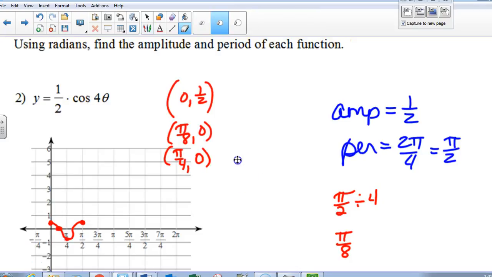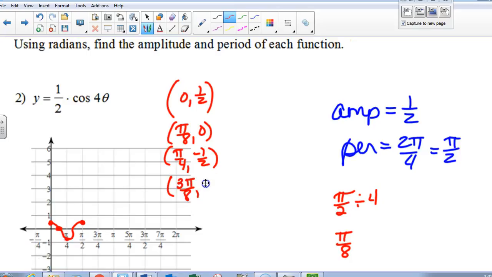It was down at negative 1/2. What's the next ordered pair? Anybody figure that out? We're counting by eighths. 0, 1/8, 2/8, 3/8, 4/8 or pi over 2. Yes.